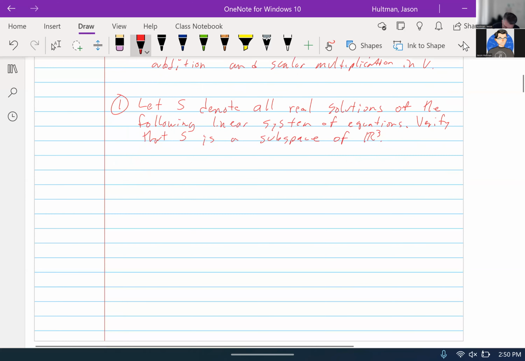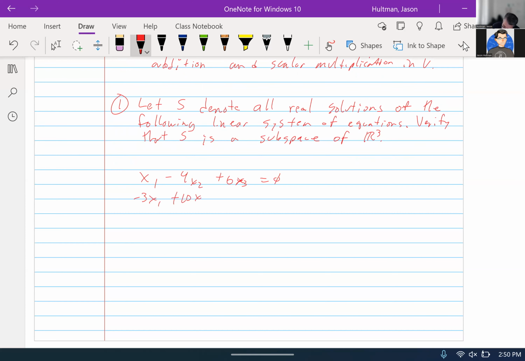I have the following linear system of equations. x1 minus 4x2 plus 6x3 equals 0, and negative 3x1 plus 10x2 minus 10x3 is equal to 0.